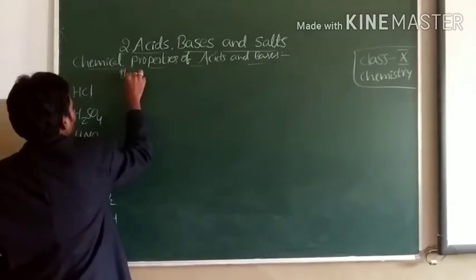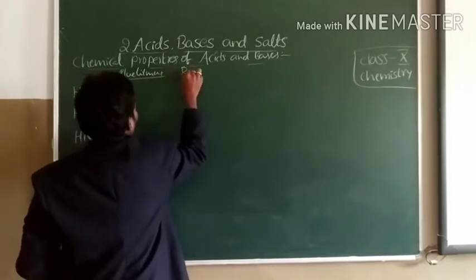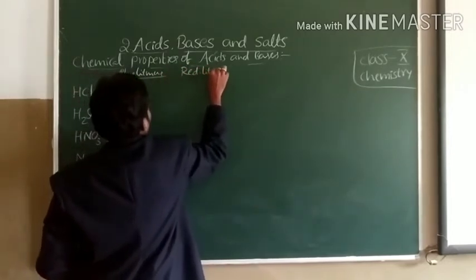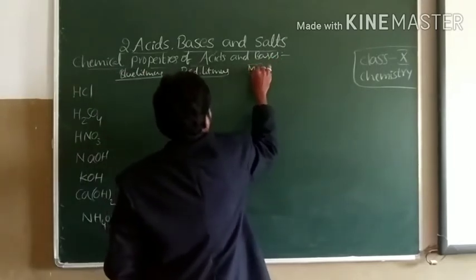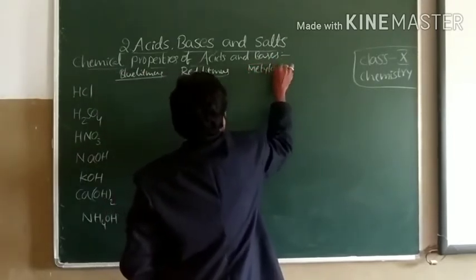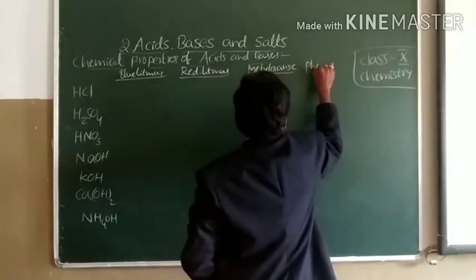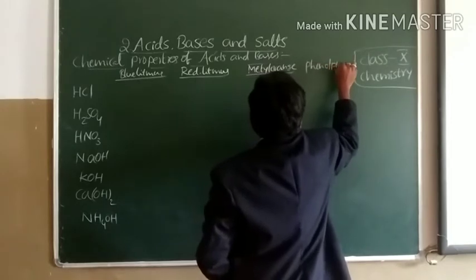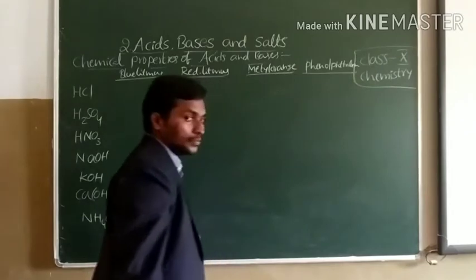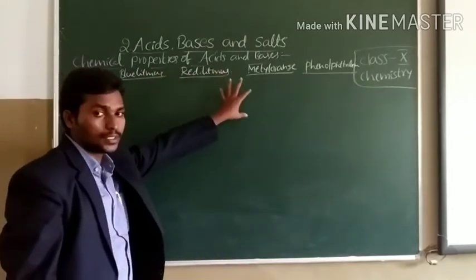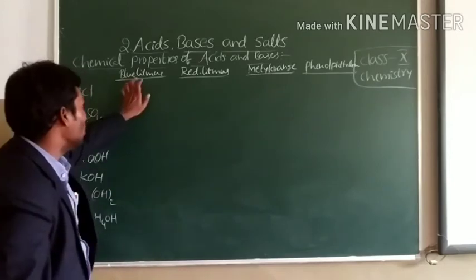Blue litmus, red litmus, methyl orange, phenolphthalein indicator. We are going to test the substances by using these indicators.